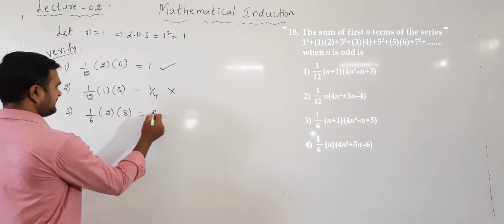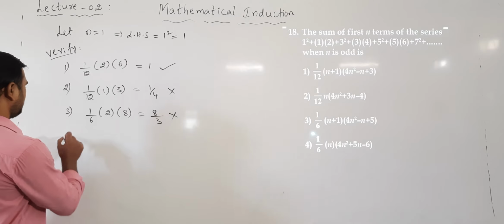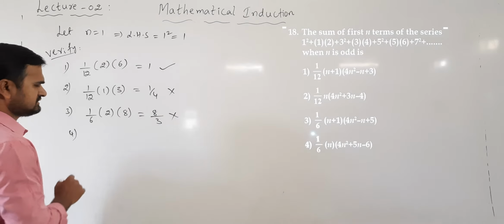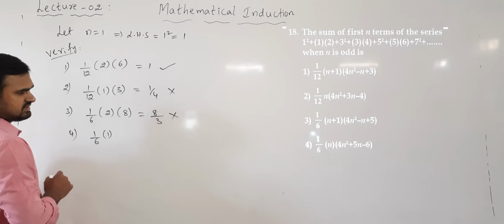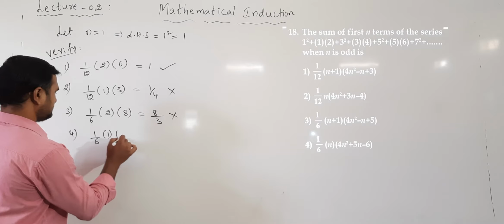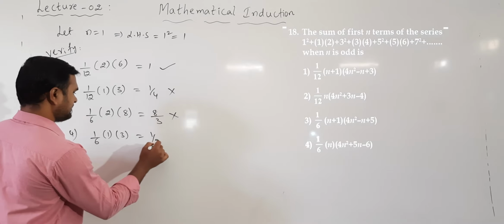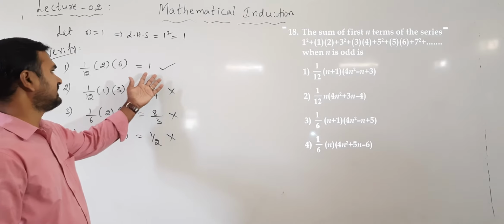So it is 8 by 3. Third option also wrong. Fourth option, n is 1 by 6 into 1, n is 1, 4 plus 5 minus 6, 9 minus 6 is 3, so which is 1 by 2. This is also wrong.